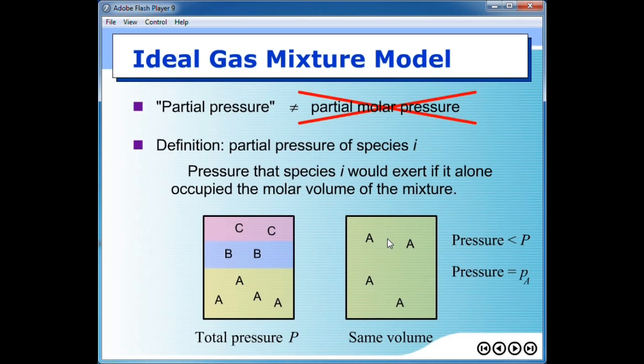This particular pressure in this system is defined and called the partial pressure of species A. We use the small letter pA here to say this is the partial pressure of A. All right, this is the definition of partial pressure. It is the pressure when the species is taken out and occupying the same volume.